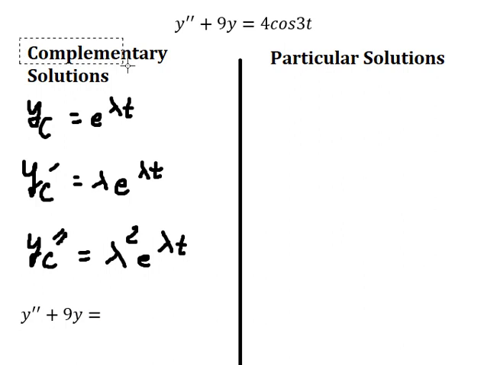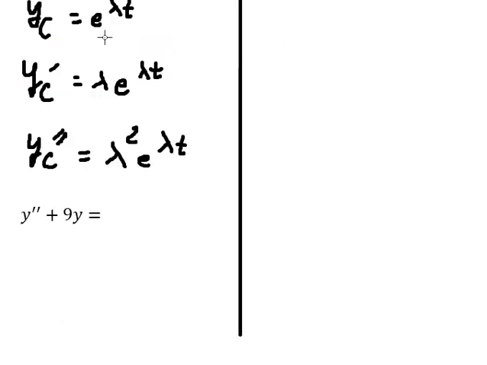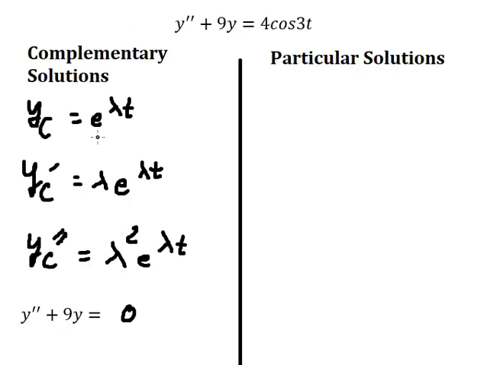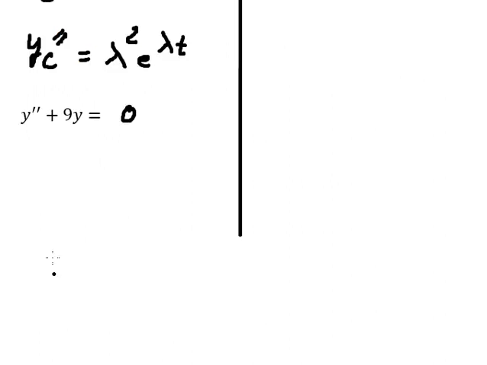Because this is about complementary solutions, I will set this one equal to 0, and I will put this one in here, and this one in here. So we have lambda square e to the power of lambda t.